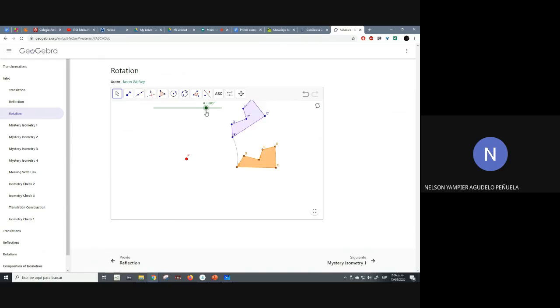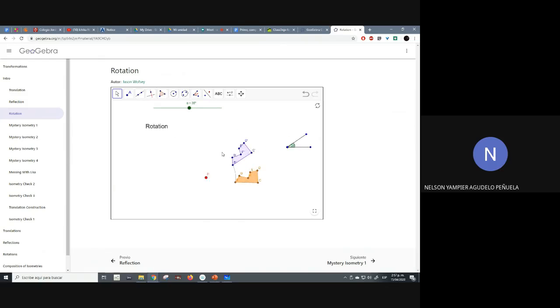And when we get to 360 degrees, it completes a rotation. Pero se nos pasó. No problem. And we can continue. We can do it from one place to the other. And look what happens. It has rotated 35 degrees. ¿Vale?